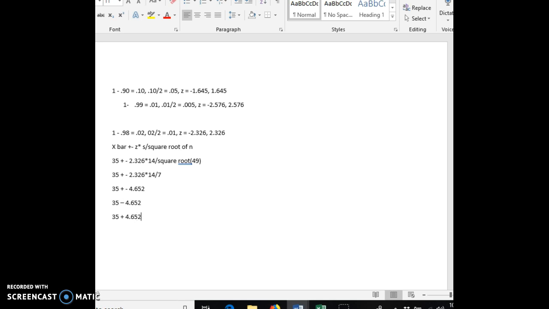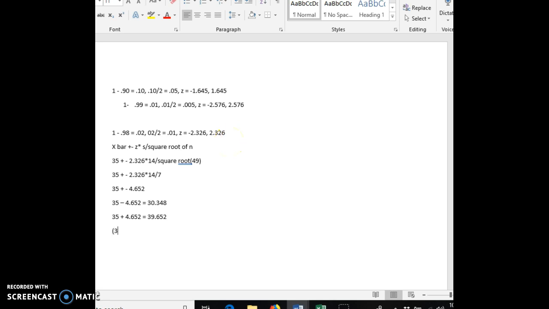Our confidence interval is an interval. So we want basically two numbers that are the range of our interval, the bottom number and the top number. So first, 35 minus 4.652 gives me 30.348, and then 35 plus 4.652 gives me 39.652.